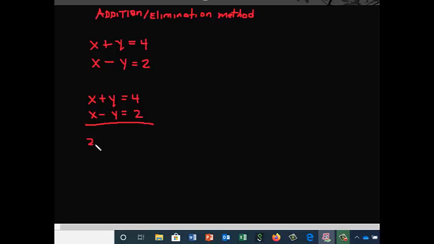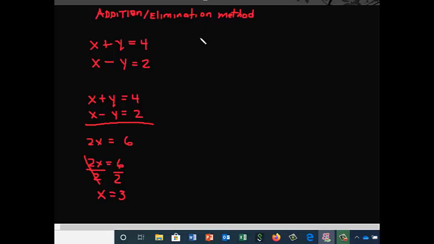We get 2x is equal to 6. You see this? So now we solve for x. And once we solve for x, we can use this thing called back substitution. x is equal to 3 again, right? So we can plug this in or substitute this into any one of the original equations.